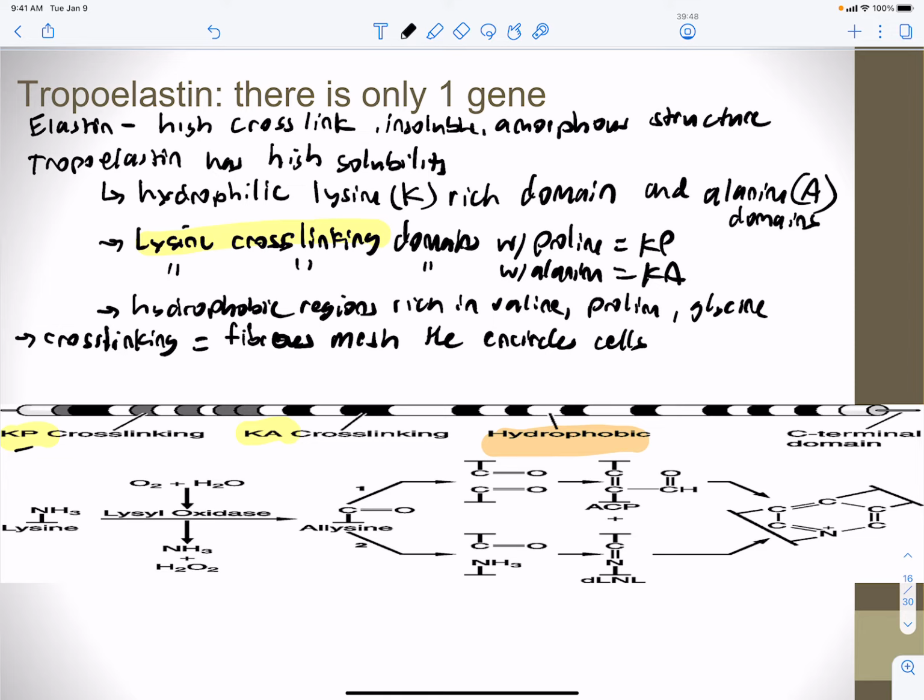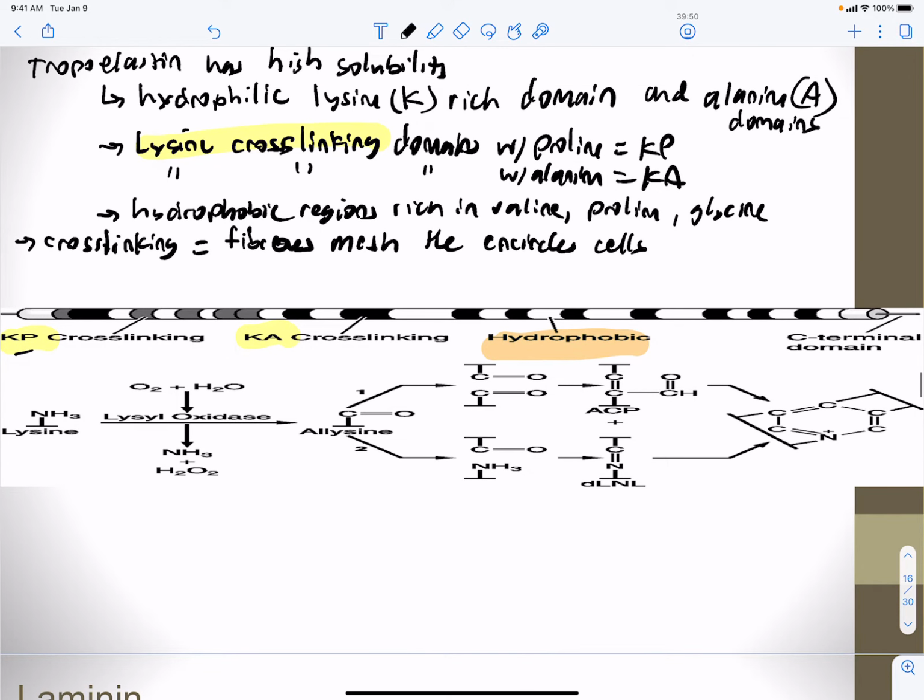Now, elastic fibers do have the ability to stretch and then reform, and they do this without requiring outside energy source.